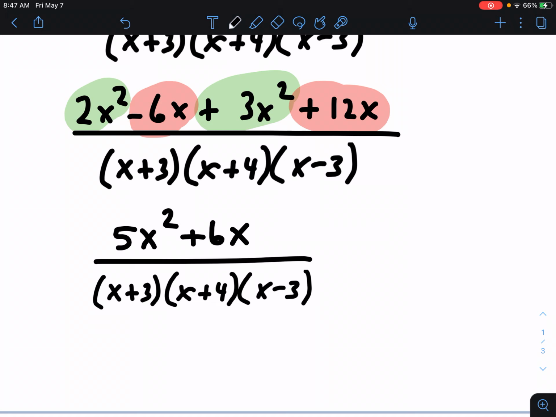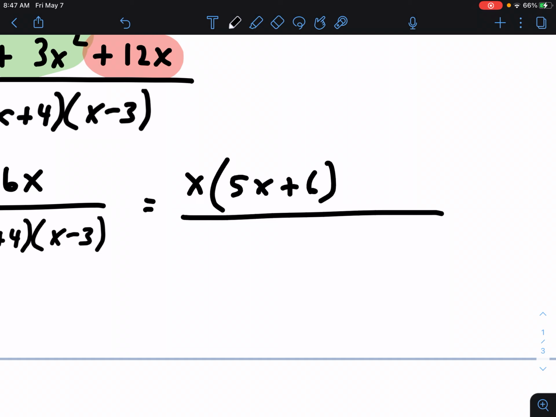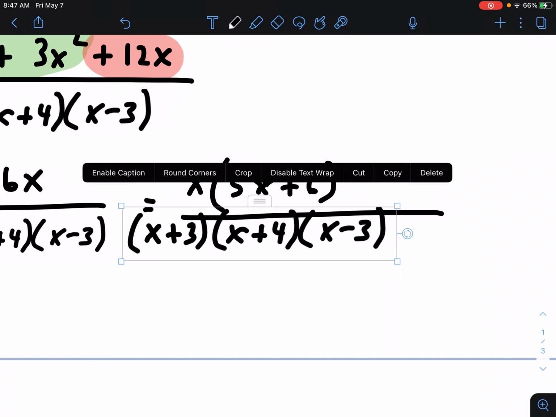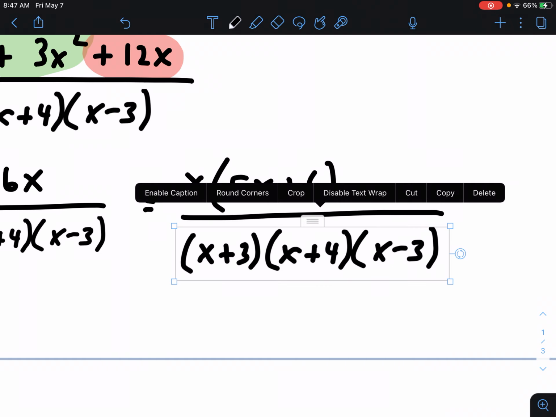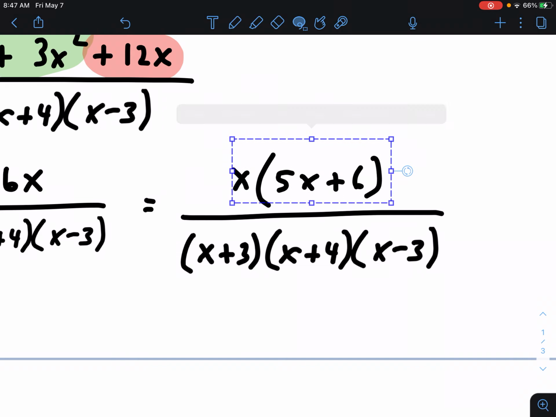All right, and then the only thing we can do here is, again, we can factor out an x. So we could write this as x times 5x plus 6 over, paste image. There we go. And neatness counts here, so let's move this guy over. Look at that. Whoops, I don't want to do that.